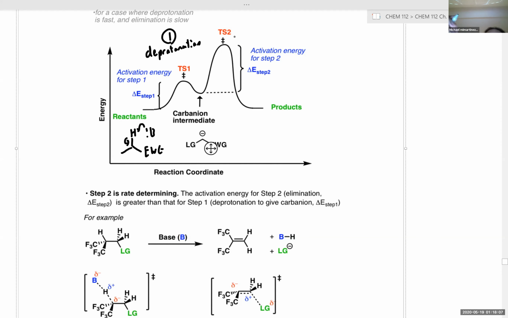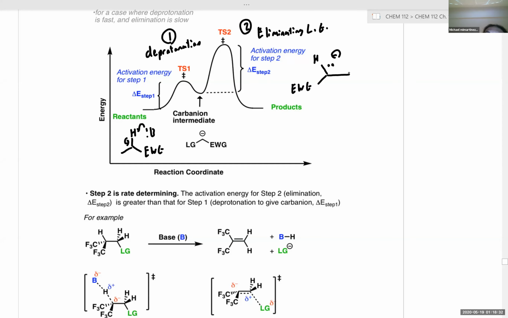In the second step, we are eliminating our leaving group. So in our transition state, we have our anion, and we're in the process of forming our alkene and kicking out our leaving group.